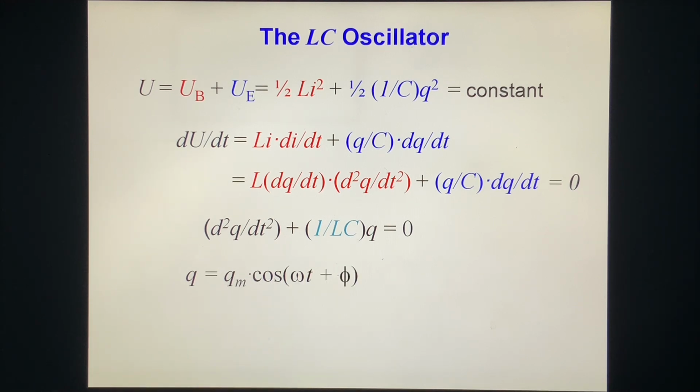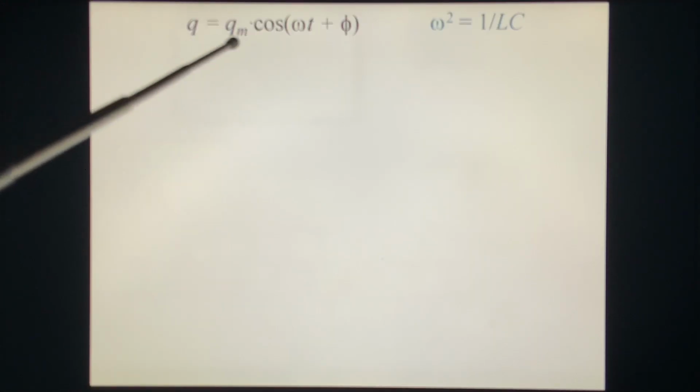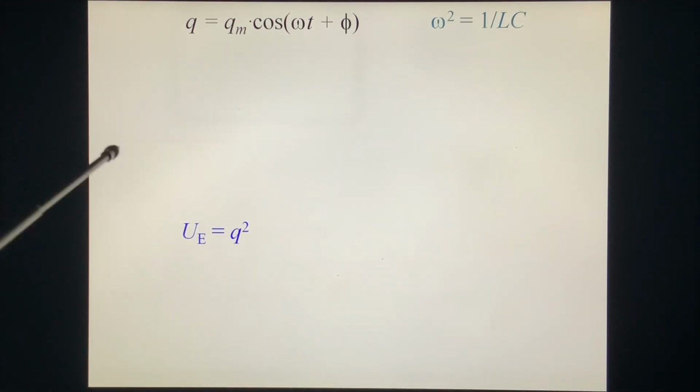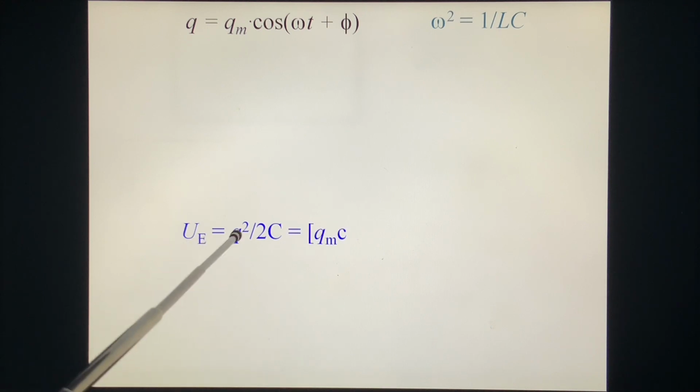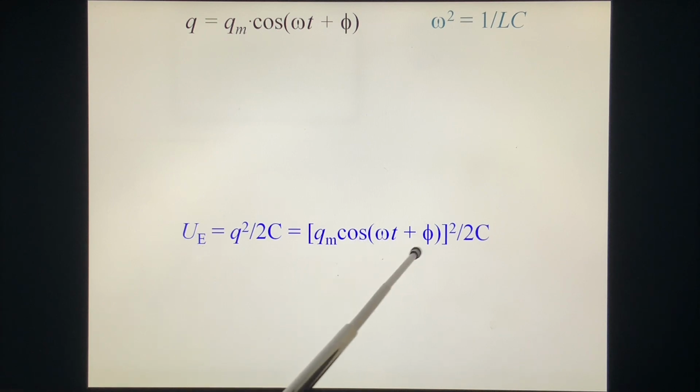It's sinusoidal, simple harmonic motion. This is q_m, and phi depends on the initial condition, and omega squared equals 1 over LC. The initial conditions are Q0 and I0, where I0 is dq/dt at 0. This is our answer. We see the energy of the electric field is q squared over 2C, and q is q_m cosine of omega t plus phi.